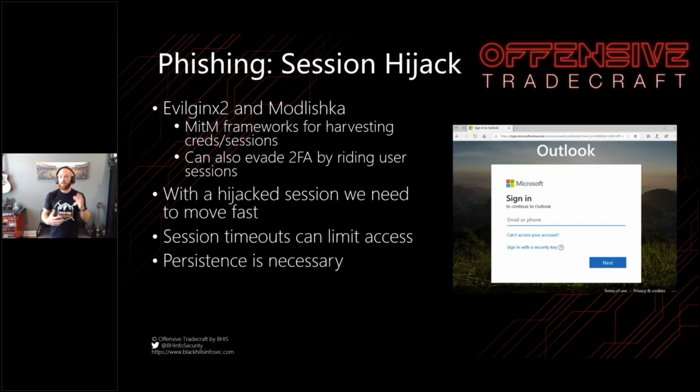These tools are basically reverse proxies of the actual website. So when you visit it in your browser, you're looking at the typical Microsoft Online portal, and if you looked in your URL bar, you would see our domain name pivoting to the actual site.